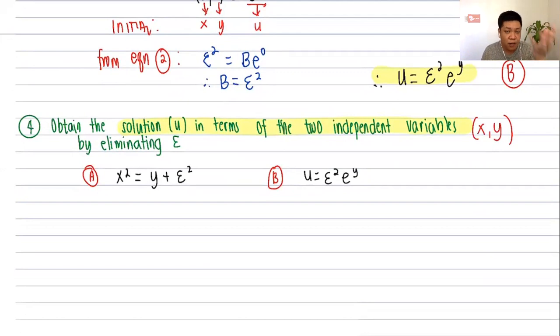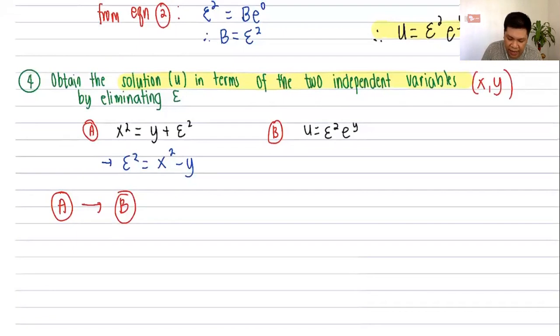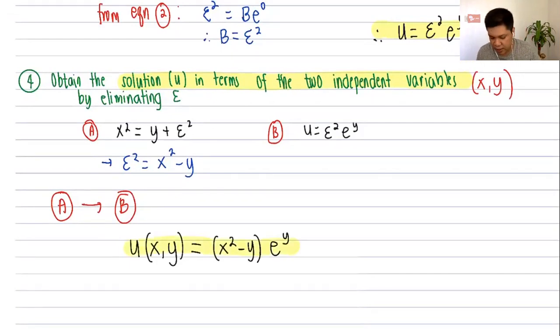So I can cancel epsilon by rearranging equation A: epsilon squared is just equal to x squared minus y. Therefore, my next task is to place equation A in terms of x and y into equation B, such that my final answer is u as a function of x and y is equal to epsilon squared, which I already know is x squared minus y, e raised to y. This is now our final answer.